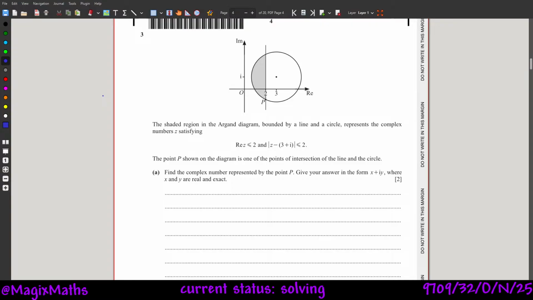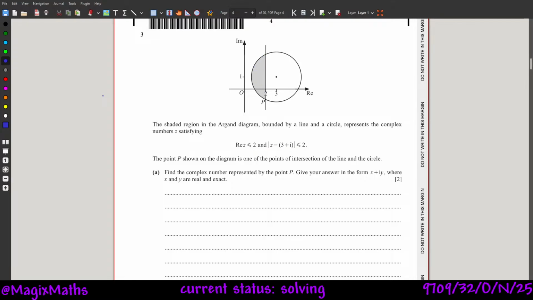And then we have z from this position 3 plus i, with a radius of less than 2. This indicates the radius of the circle. So when we have both of these conditions, the shaded area is the intersection of these two conditions.